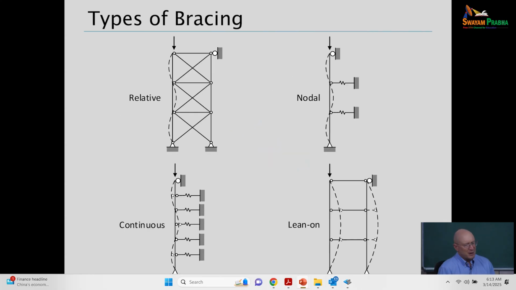There's various types of bracing, so this is a graphic just to illustrate the bracing types. The X diagonals, basically creating truss panels there in the top between the two columns. That would be what we call relative bracing. Or now we refer to it as panel, or a more wordy name, shear panel bracing.